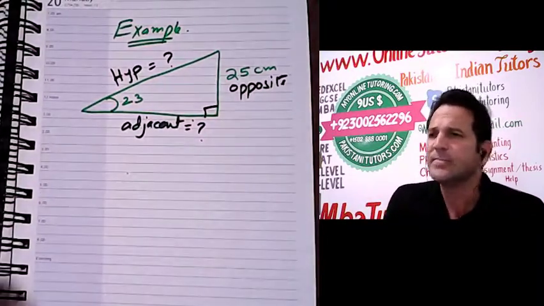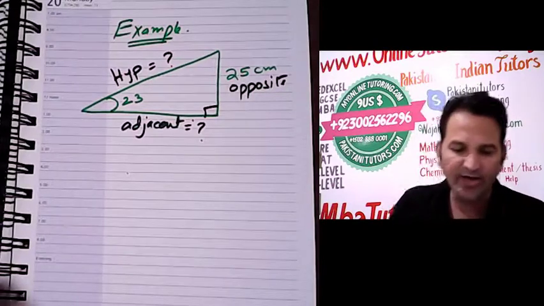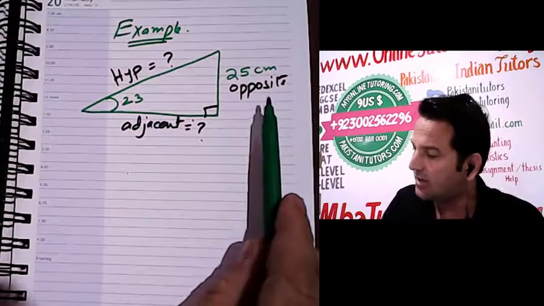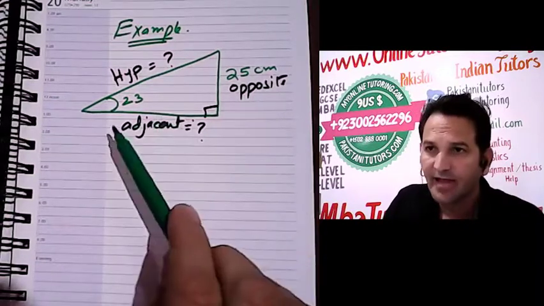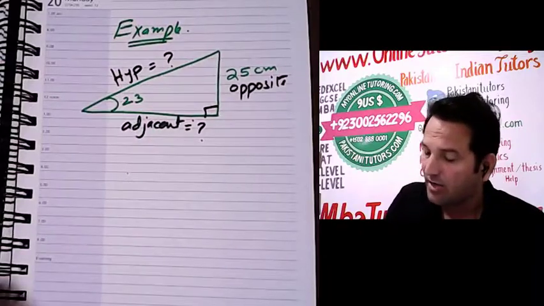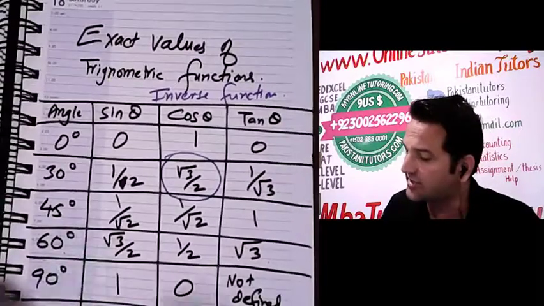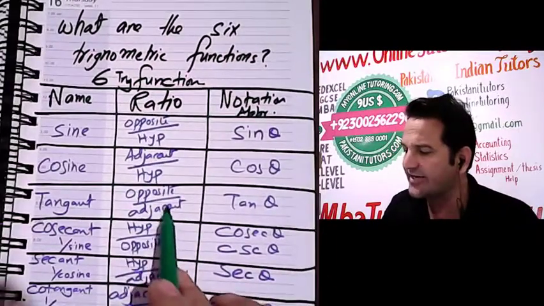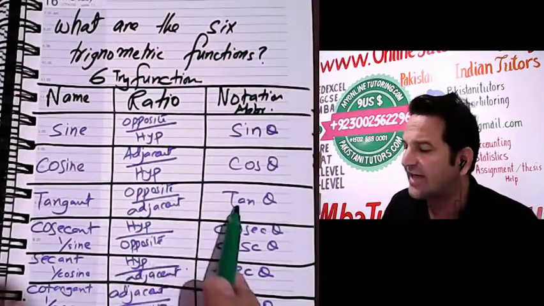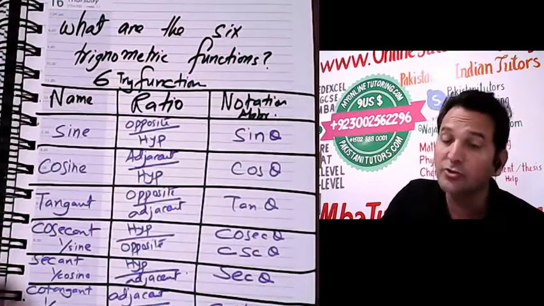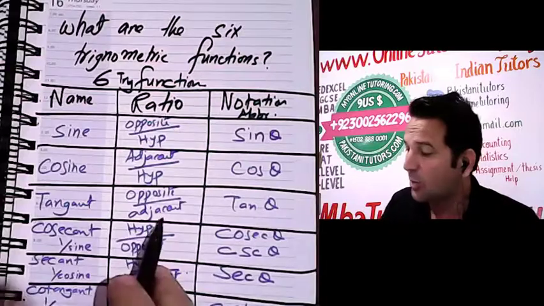So now let's solve it. How do we solve it? We have the opposite and adjacent. If we use the tan theta function, opposite over adjacent can be used to find out which one?